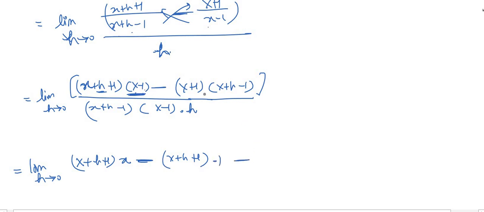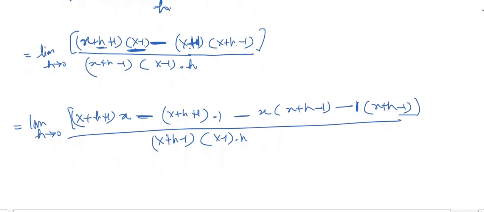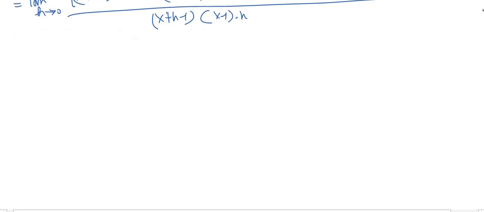Okay? Minus, now x with everything, x plus h minus 1, minus, this plus is becoming minus, you see, because this minus is there. Minus of 1 into x plus h minus 1, divided by x plus h minus 1, x minus 1 into h. Okay, it is clear so far?